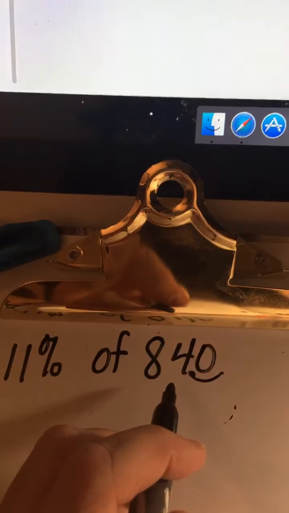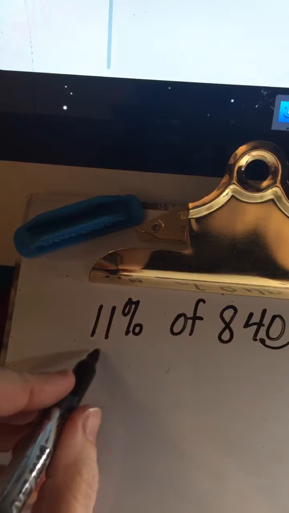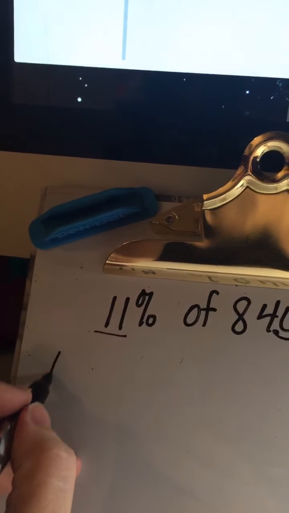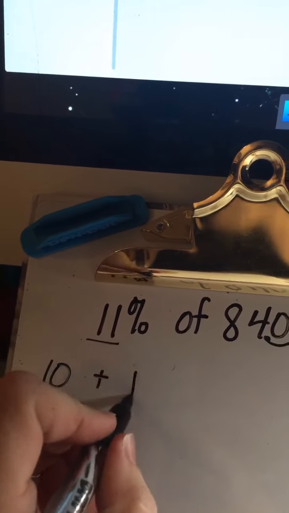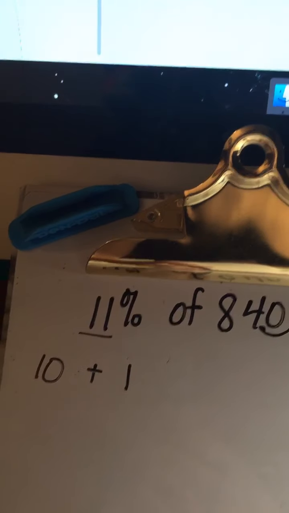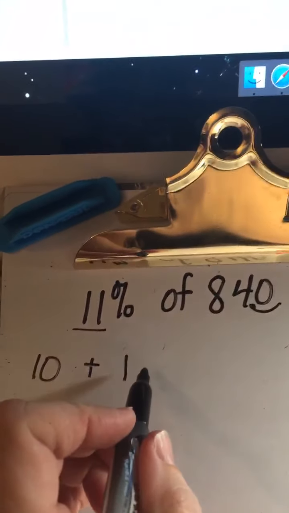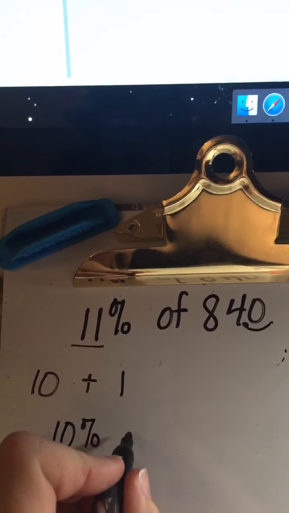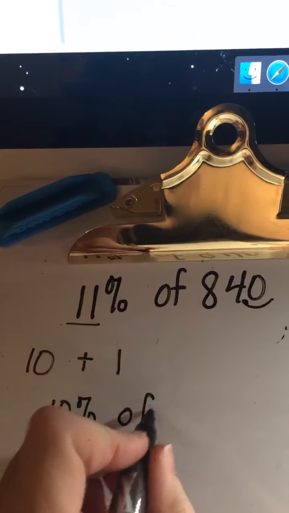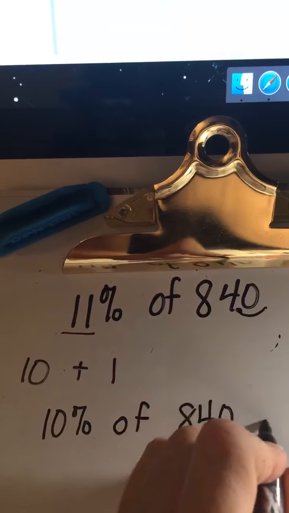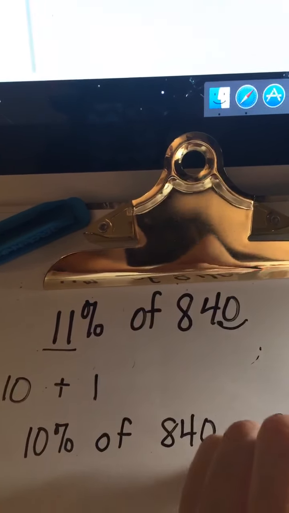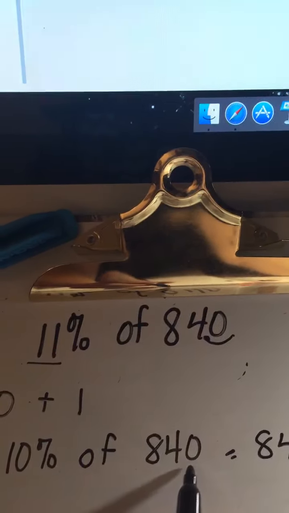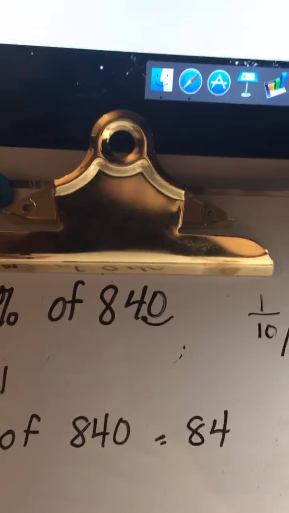Okay, so if I had, here's 11%, right? That's the same as 10 plus 1, right? Or 10% plus 1%, right? So 10% of 840 equals 84, because I just moved the decimal point one place over and I have 84, all right?